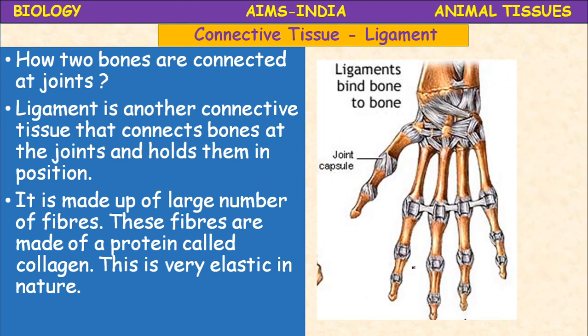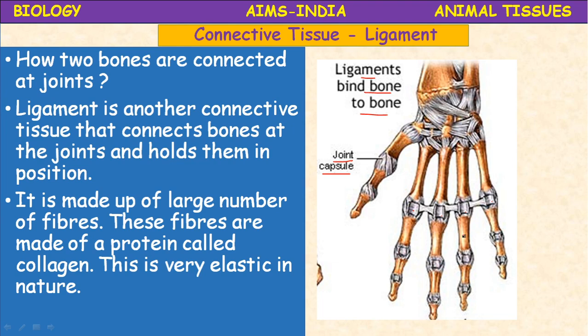So you can see here the joint capsule made up of these ligaments only. Ligaments will bind bone to bone. You have to remember this. Bone is attached to bone with the help of ligaments. See here, these are ligaments. These ligaments are very important.